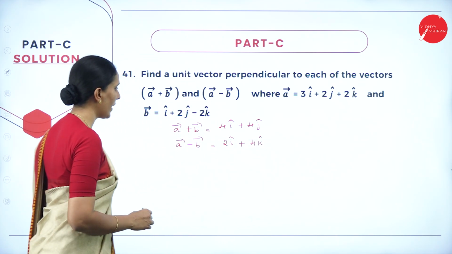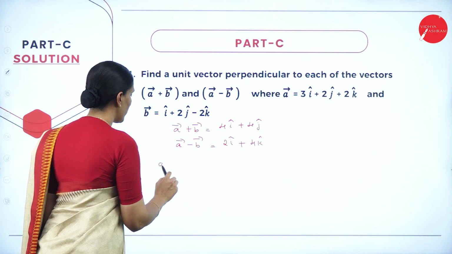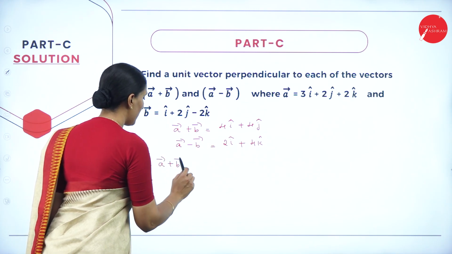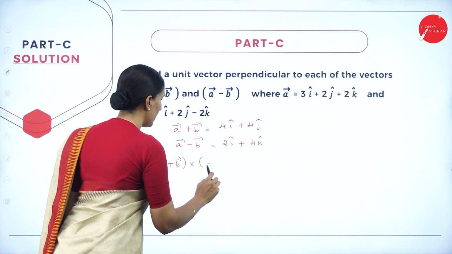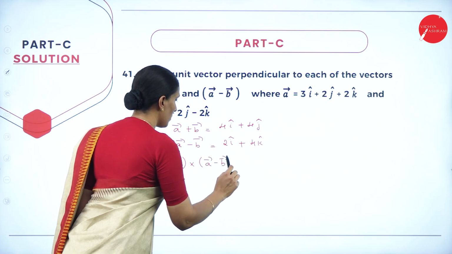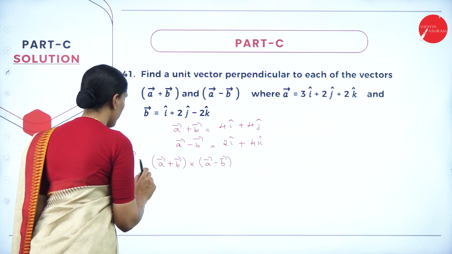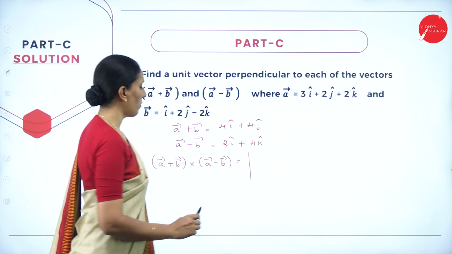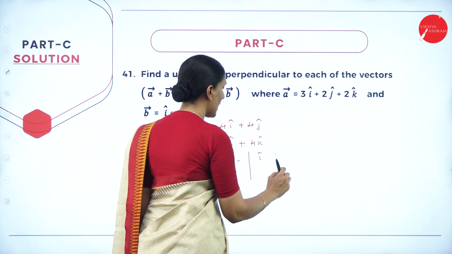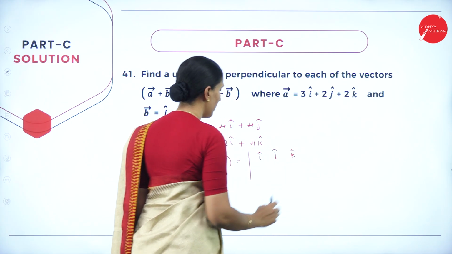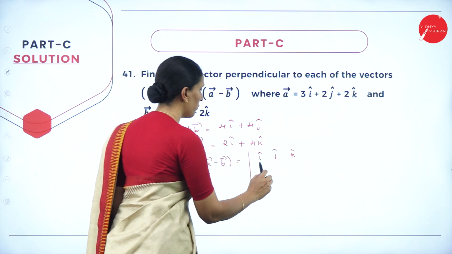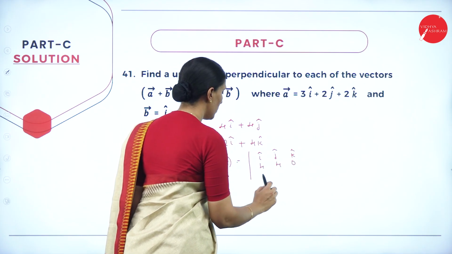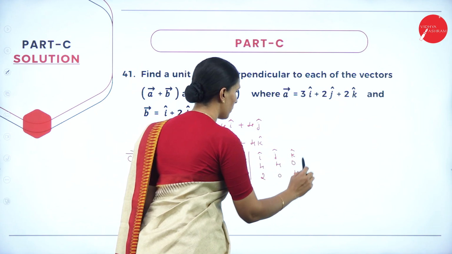So now let's find the cross product of these two vectors, that is vector a plus b cross a minus b. So let this be some vector c. Now we know that the cross product of the vectors can be written in the form of determinant, which is i, j, k. Now the components 4, 4, 0, 2, 0, 4.